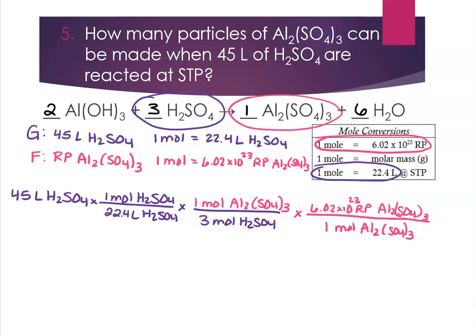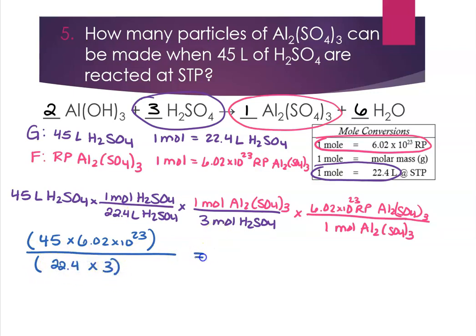All right, and then I will do parentheses 45 times 6.02 times 10 to the 23rd over parentheses 22.4 times 3. Right? So when I do this math, I get 4.03 times 10 to the 23rd RPs.